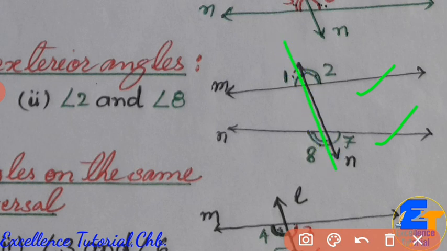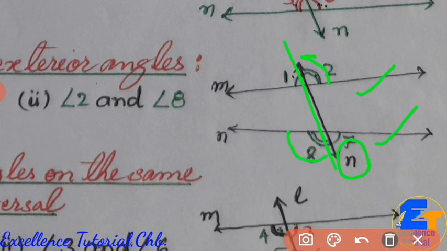See, these are two straight lines M and N. These two straight lines are intersected by a third line. This third line we have named N, and N represents the transversal. So alternate exterior angles always lie outside the given straight lines and on either side of the transversal. Suppose we are taking angle 2.